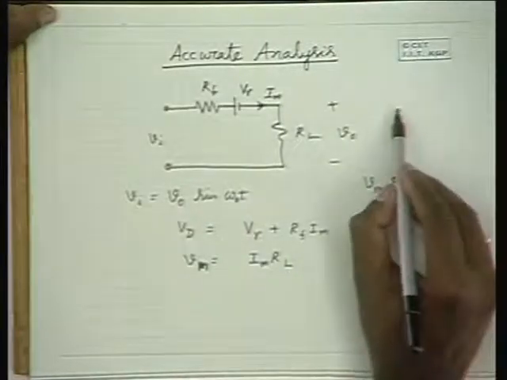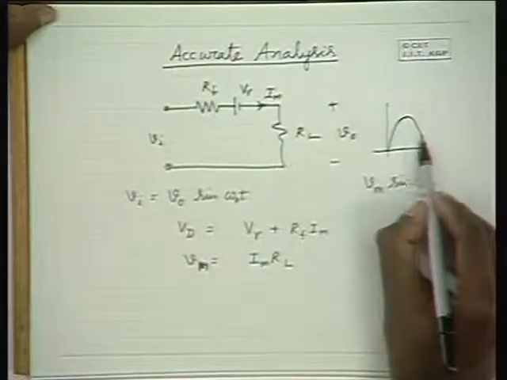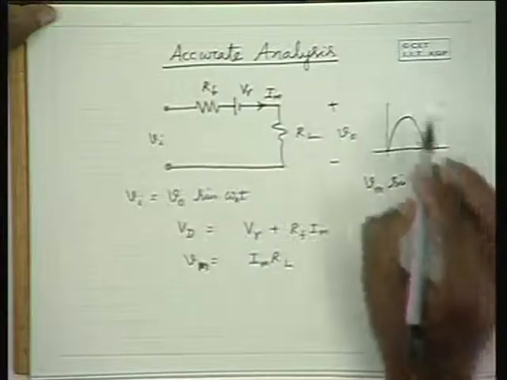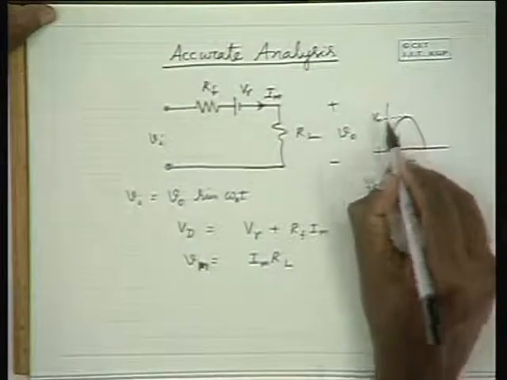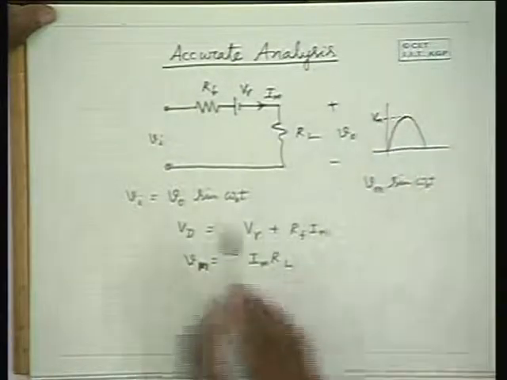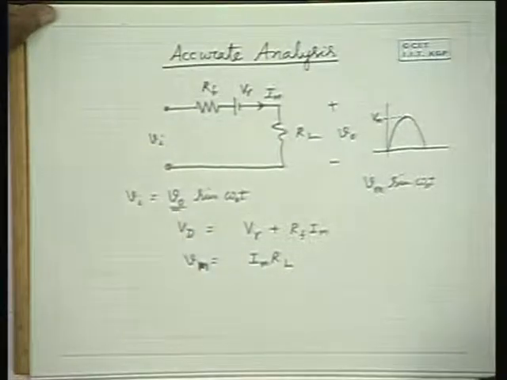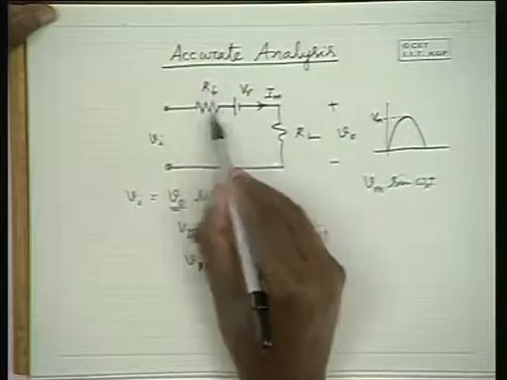We know that the output in this case is also almost a sinusoid, but half wave rectified with the peak value equal to Vm. So we are now determining Vm in terms of the input peak voltage V0. The difference between these two is this V gamma plus this diode drop.